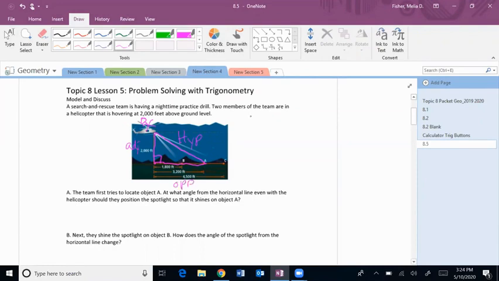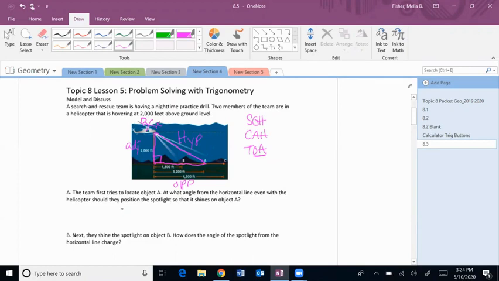So if we remember our hints of SOHCAHTOA, we can look to see what parts of the information that we have. And in this case, we have the adjacent and the opposite information. So the opposite over adjacent will be tangent. We're going to call this angle up here where the guy is x.